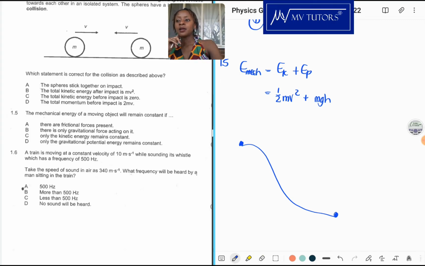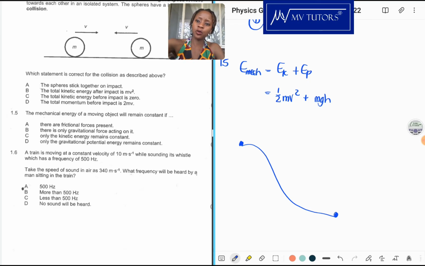So they say the mechanical energy of a moving object will remain constant if there are frictional forces present. If there's friction, now we're looking at non-conservative forces, so I don't think mechanical energy will be constant or conserved. For B, it says there's only gravitational force acting on it.